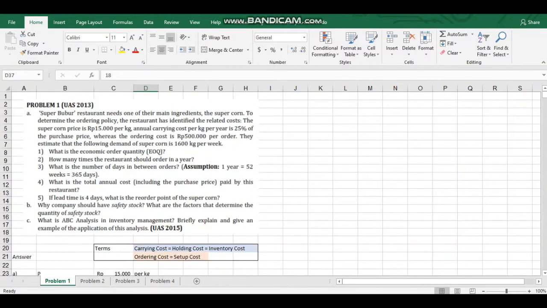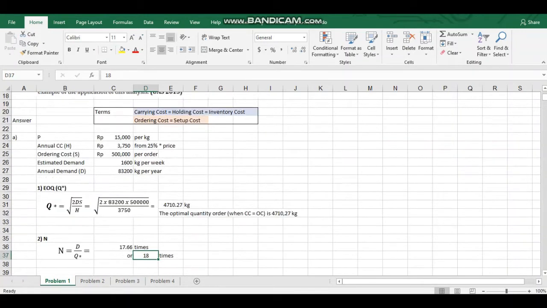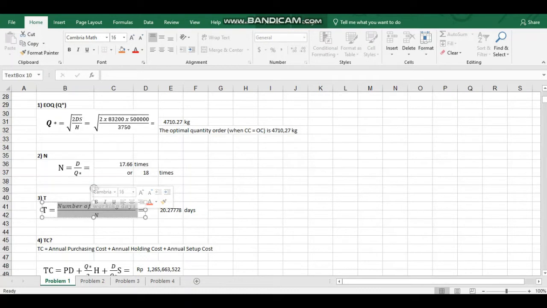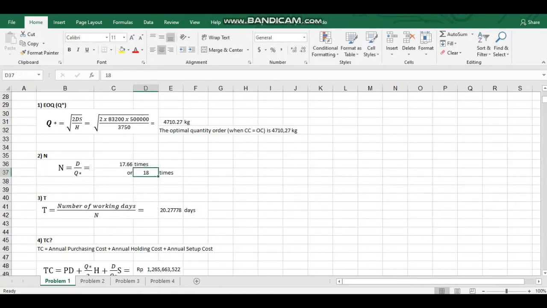Next, question number 3 is what's the number of days between orders. Here the assumption is that in a year we have 52 weeks, which equals 365 days. They're asking for the t, and to find the t we divide the number of working days by the n, which is how many times we order from the supplier.